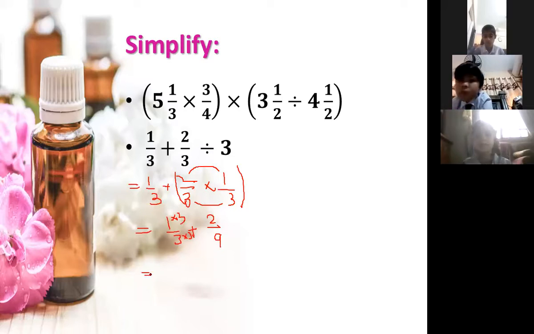So what will it become? 1 multiplied by 3 will be 3 upon 3 3s are 9, plus 2 upon 9. So simply you will add it. Now the denominators are same, so you can add the numerators. 3 plus 2 will be 5, and the denominator will remain same, that is 9. 5 upon 9 is your answer.